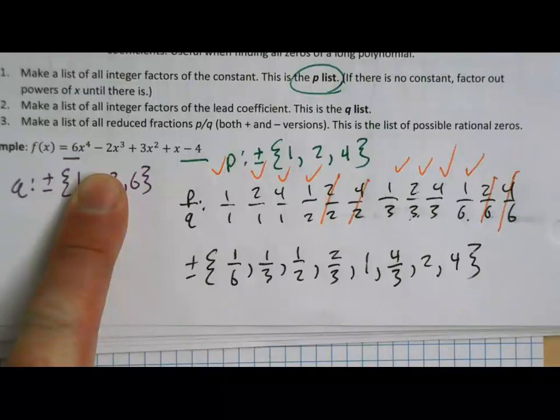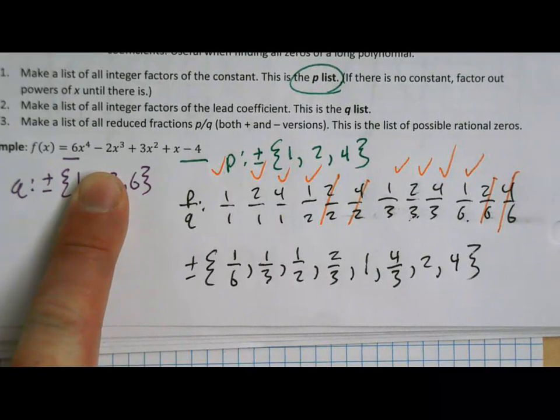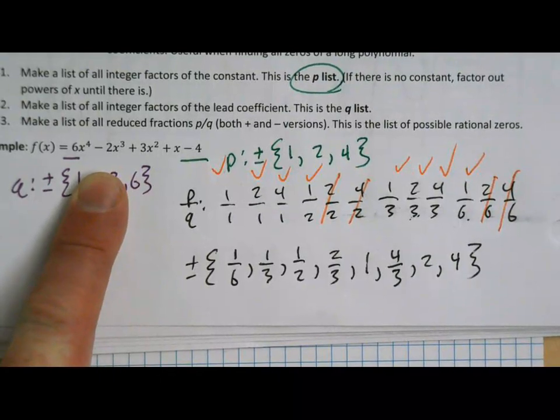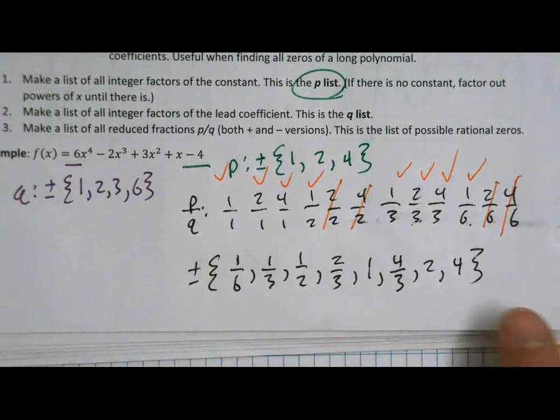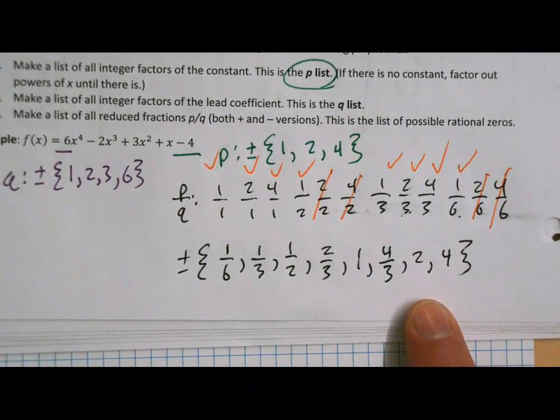What about 2i? Is 2i a 0 of this thing? So remember what the rational zeros theorem says is this list contains all of the rational zeros that are in the polynomial. This only gives us a list of the possible rational zeros.